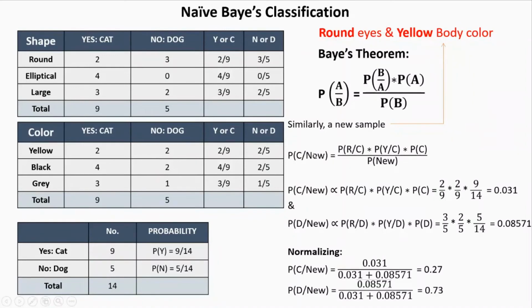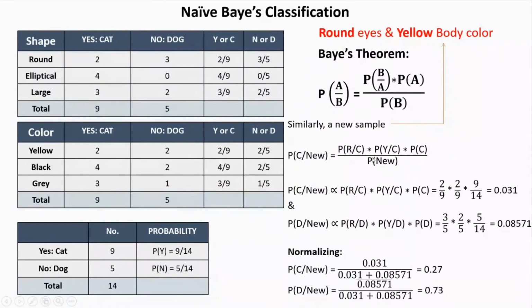Okay, so the probability that it was round given that it was a cat, multiplied by the second attribute, the probability that it was yellow given that it was a cat, multiplied by the probability of it being a cat, divided by the probability of the new species.